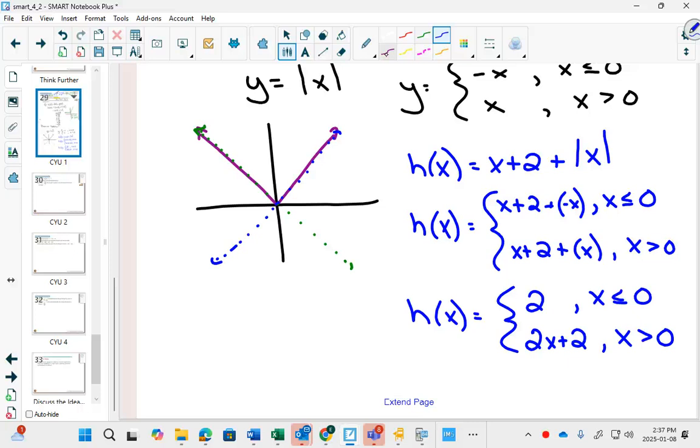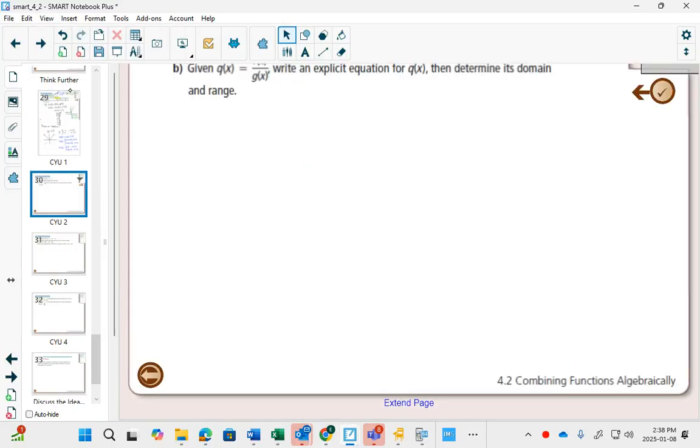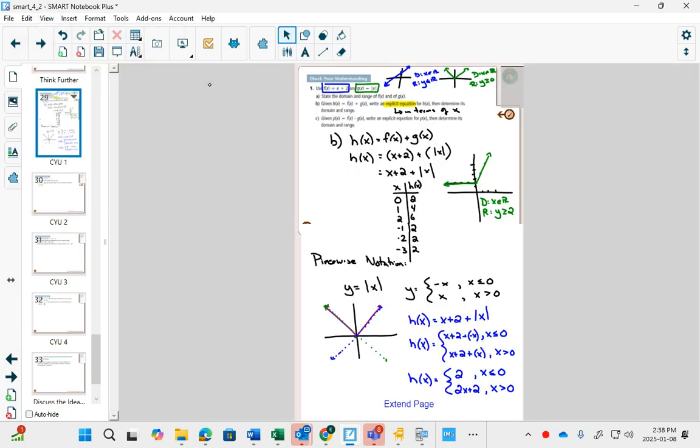And then we got another line with a y-intercept of 2 and the slope of 2 when x was bigger than 0. We zoom out here and look at our graph. Wow, that's our graph. When x was less than 0 on our green graph, it was just equal to 2.